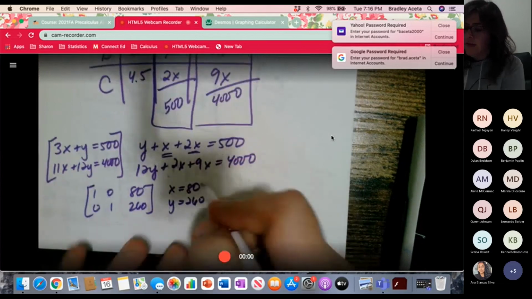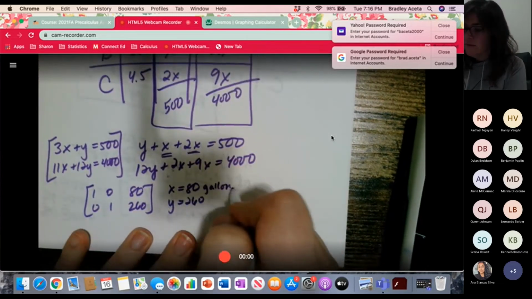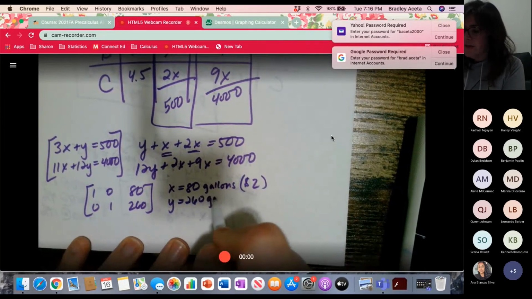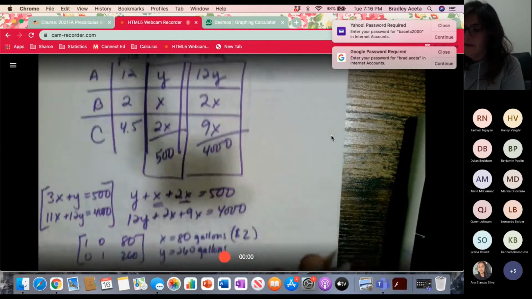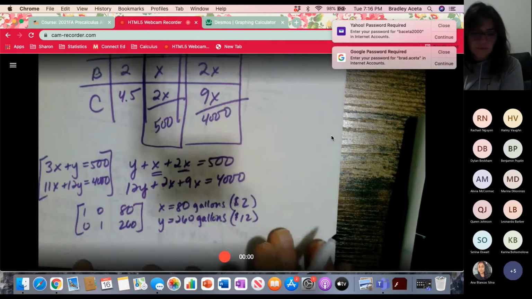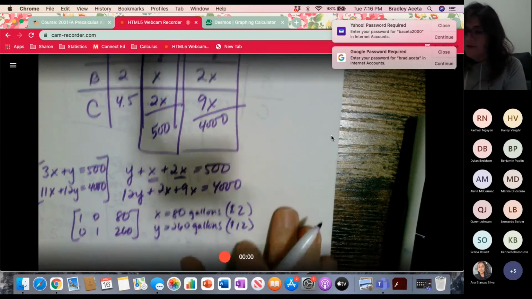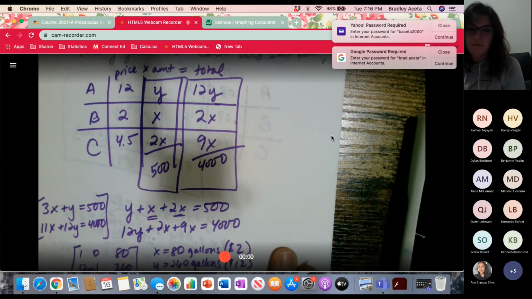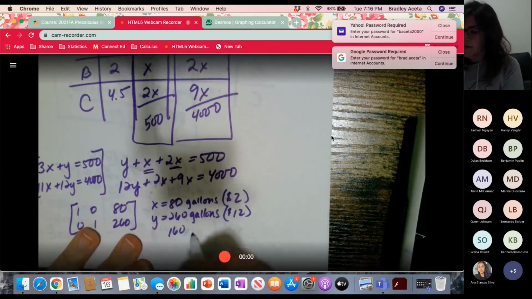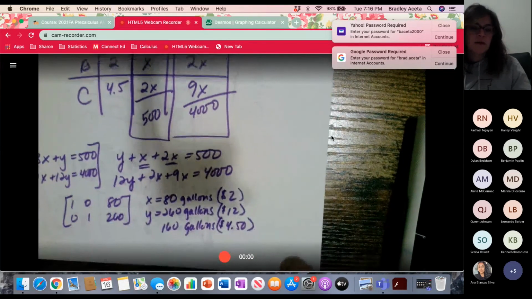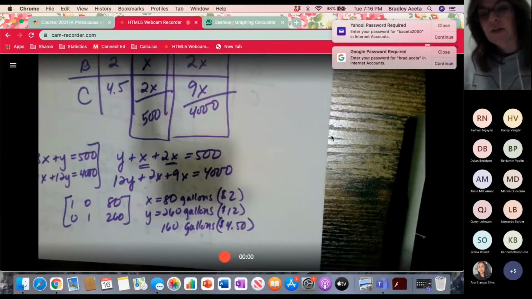So you were going to sell 80 gallons for $2. 260 gallons, that was the $12 price seltzer. And then to figure out the 2X, well, that would be 2 times 80 or 160 gallons at the $4.50 price. That's how you figure out how many gallons of each you would need to sell.